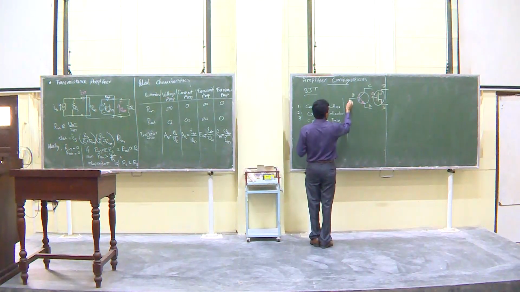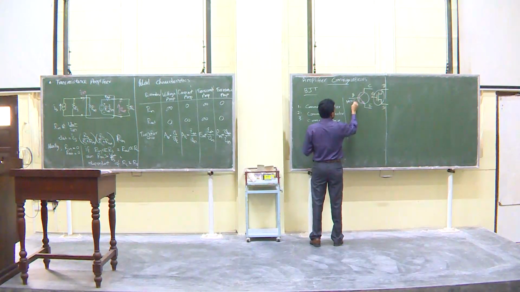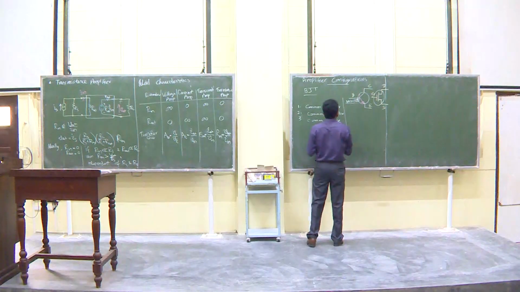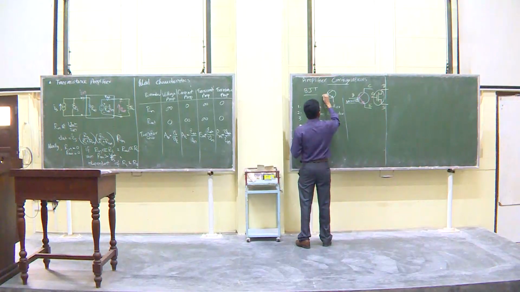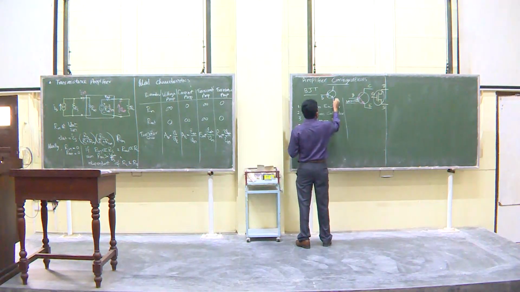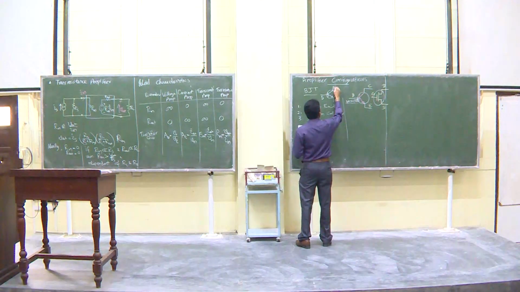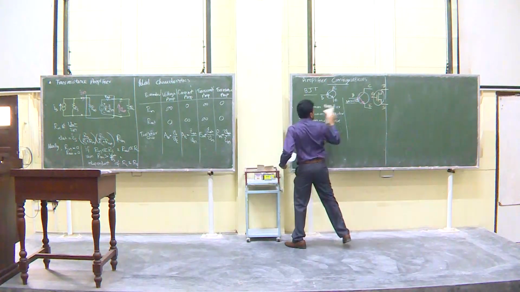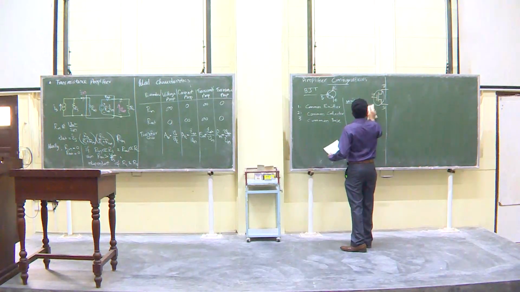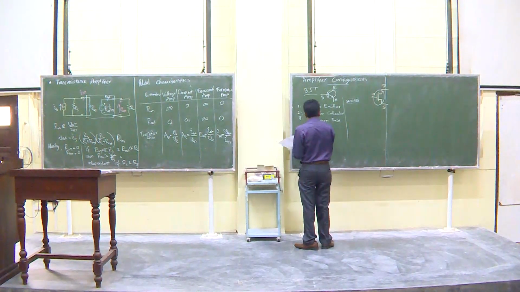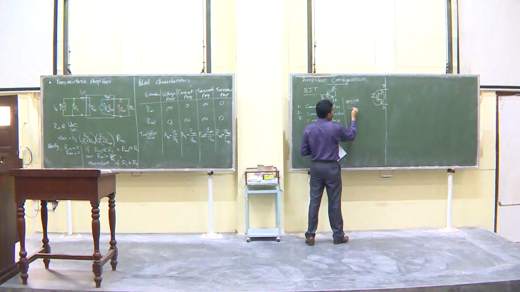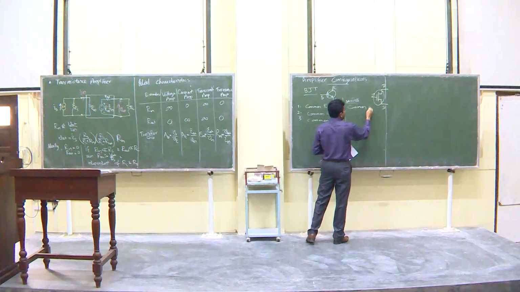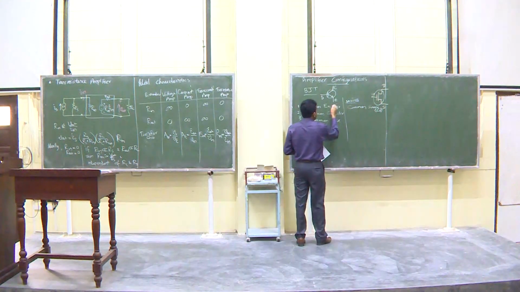Similarly for MOSFETs, base, collector, emitter. It's easy to cover both. Instead of emitter, what you have is source: common source, or CS. Here, CE.